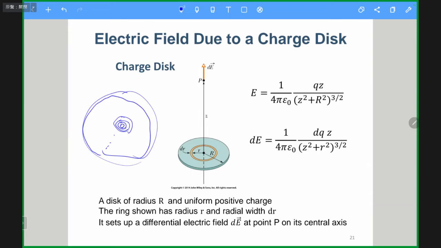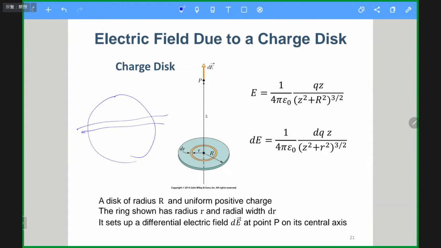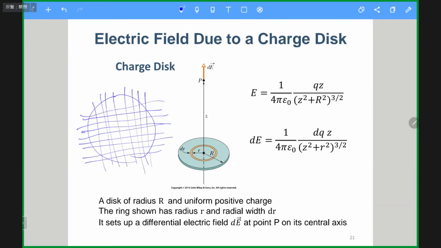And of course, you may ask, if we don't know how to find the E field generated by the ring, what can we do? Maybe you can try to consider whether it's possible to cut the disk like this in the Cartesian coordinate.